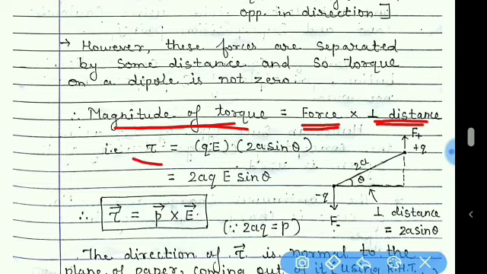So torque tau is equal to force, which is Q into E, and the perpendicular distance between those two forces is 2a sine theta. Now this perpendicular distance is 2a sine theta, that you can see from this figure. You can see here in this figure that this is the direction of the force, and this is the distance between the two charges, which is twice of a.